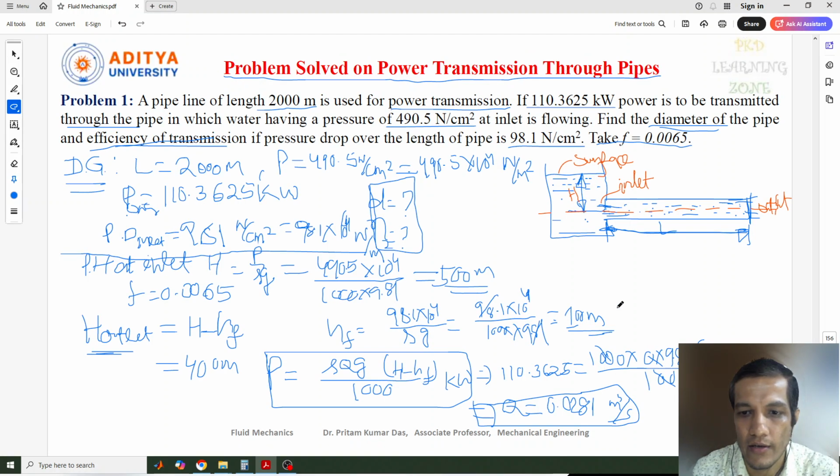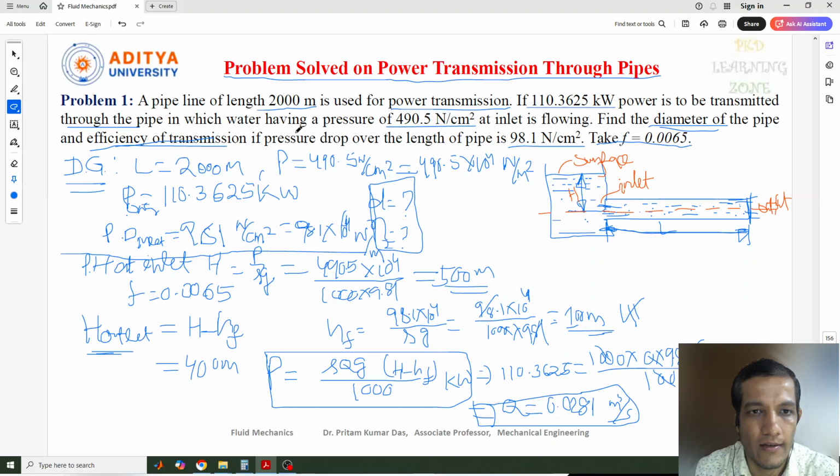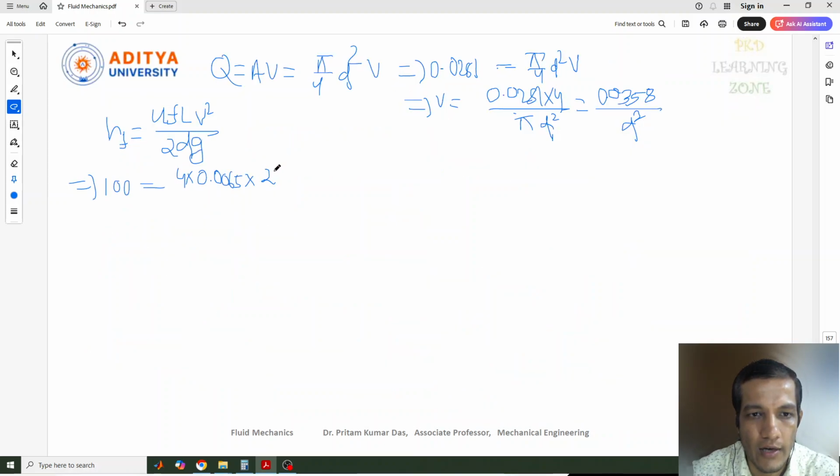Okay, what is the head loss? So now what I'll do, I'll just put this value of HF here and the remaining other values. 4 into F value is given, 0.0065. L value, length 2000 meter, is given. Now here unknown is V.